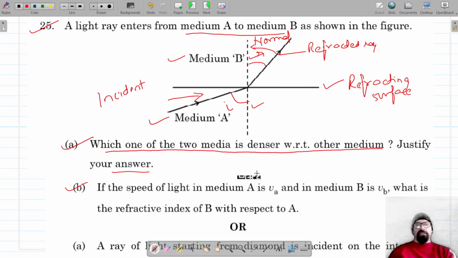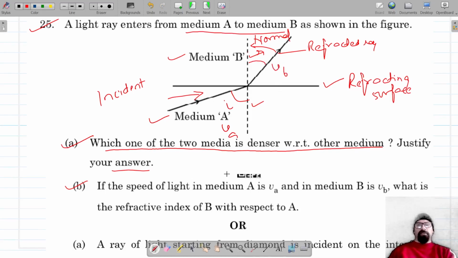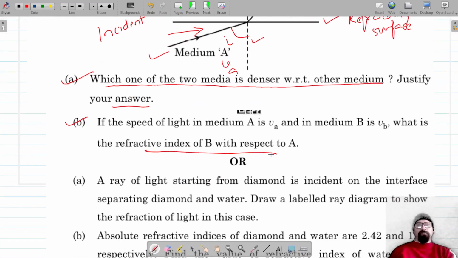If the speed of light in medium A is v_a and in medium B is v_b, what is the refractive index of B with respect to A?